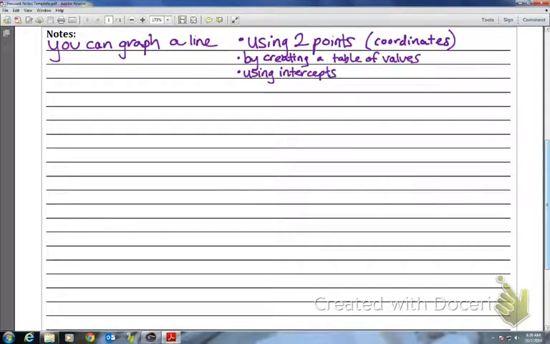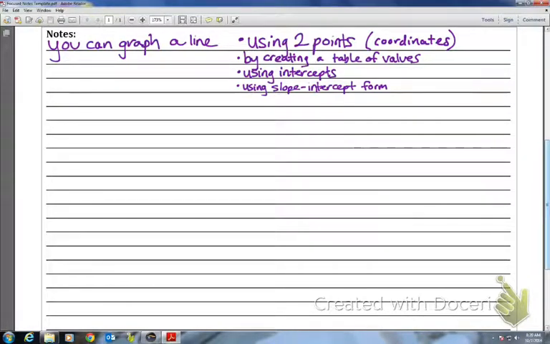So we're going to talk about creating a table of values and using intercepts. And then the last one we're actually going to talk about tomorrow, using the equation, the slope-intercept form. And we'll talk about that tomorrow. So the first one we did yesterday, the last one we're going to do tomorrow. We're going to work on the middle two today.